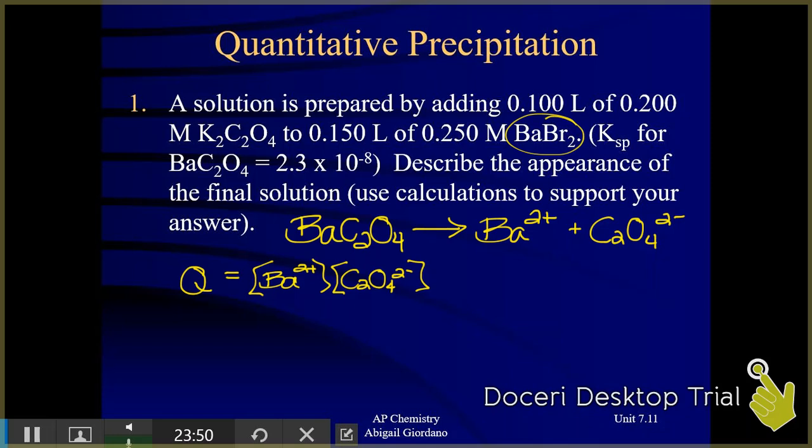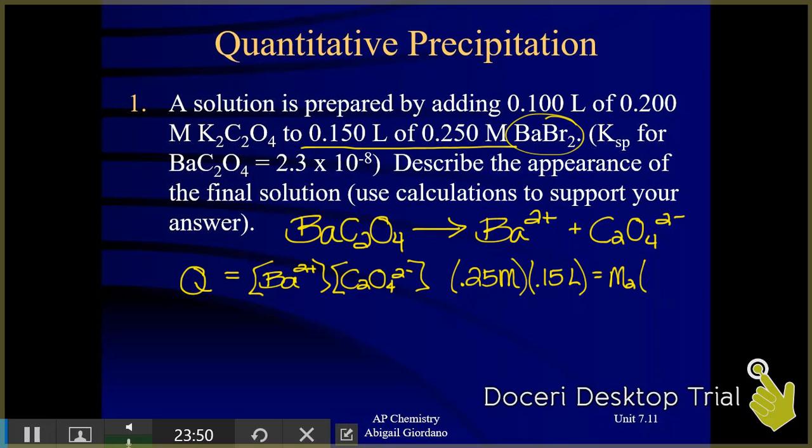All right, so let's look at this information for the barium ion. M1V1 equals M2V2. My M1, my initial molarity of barium, is 0.25 molar. The initial volume was 0.15 liters. I don't know the new molarity, but the new volume is these two things mixed together.